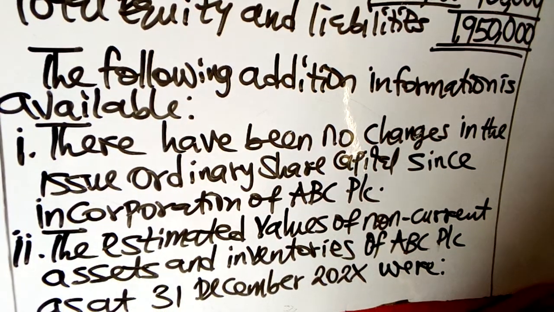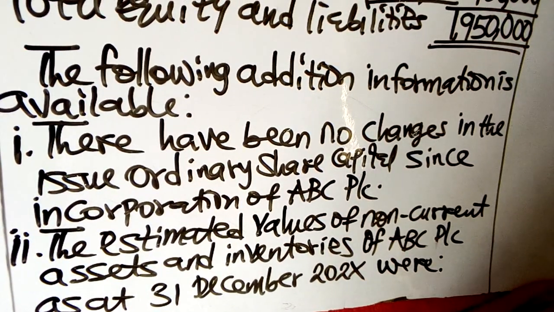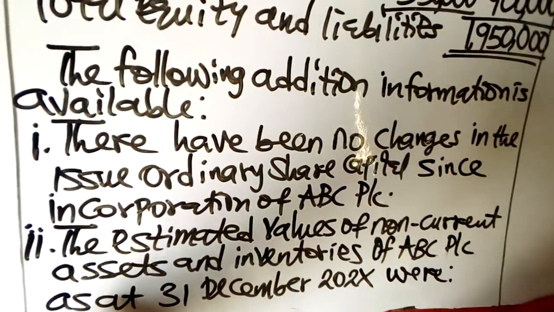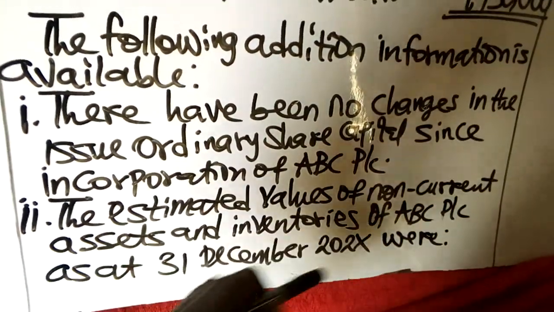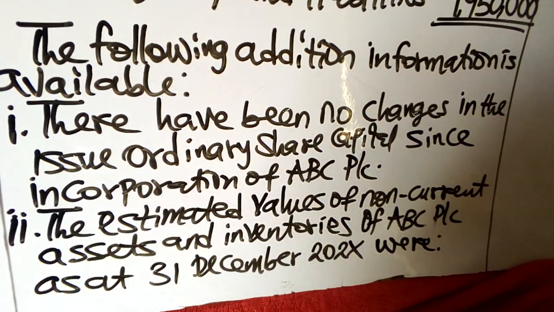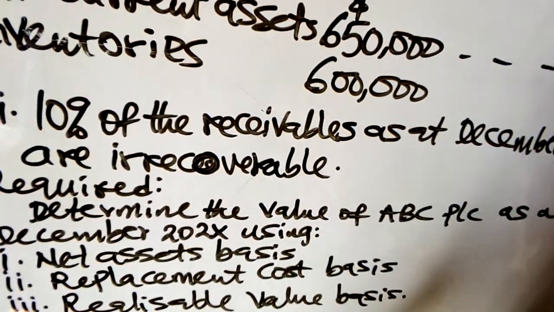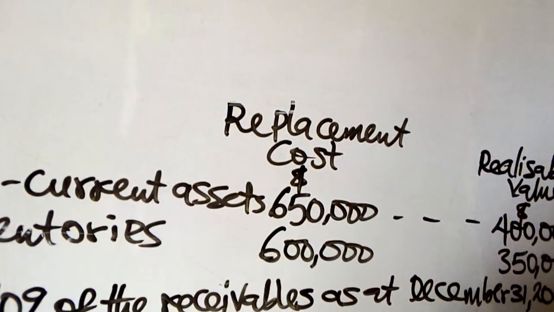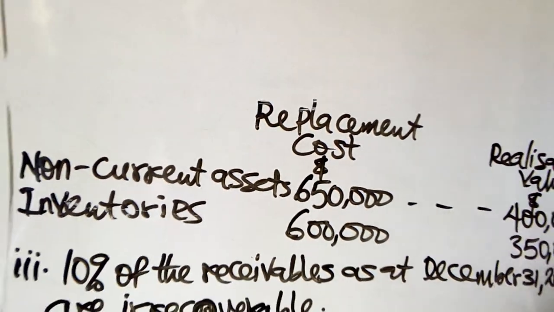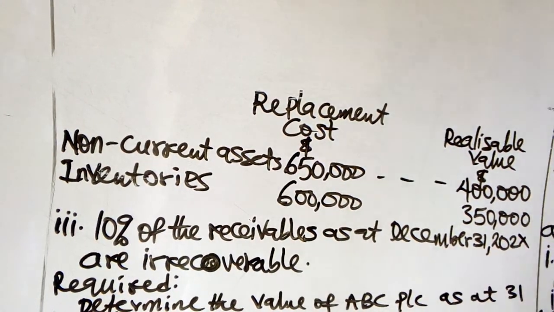The estimated values of non-current assets and inventories of ABC PLC as at 31st December 22x are given. Then you have the replacement price. The replacement price is given, and the realizable value is equally given.